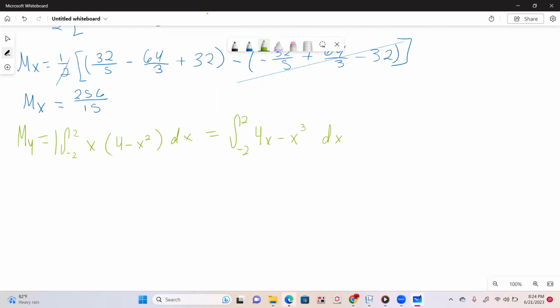Right, so this is a pretty simple integration problem. So this is going to turn into 4x squared divided by 2, which is equivalent to 2x squared, minus x to the fourth over 4.